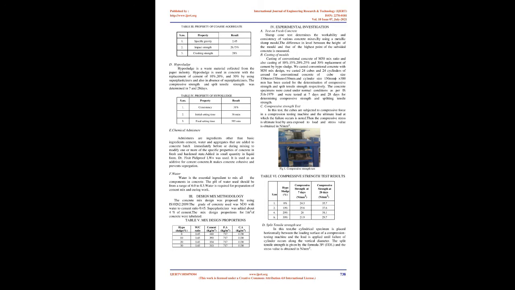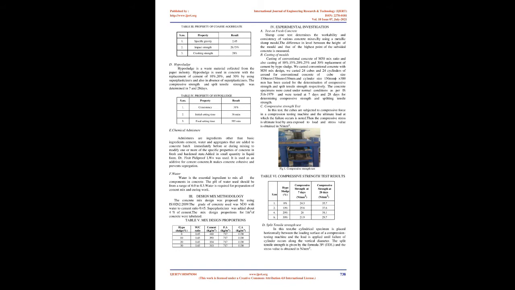B. Fine aggregate. Fine aggregate is the essential ingredient in concrete that consists of natural sand or crushed stone. Fine aggregate used throughout the work comprised sand with a maximum size of 4.75 mm conforming to Zone I as per IS 383-1970. The physical properties of fine aggregate, like specific gravity and water absorption, are tested in accordance with IS 2386.